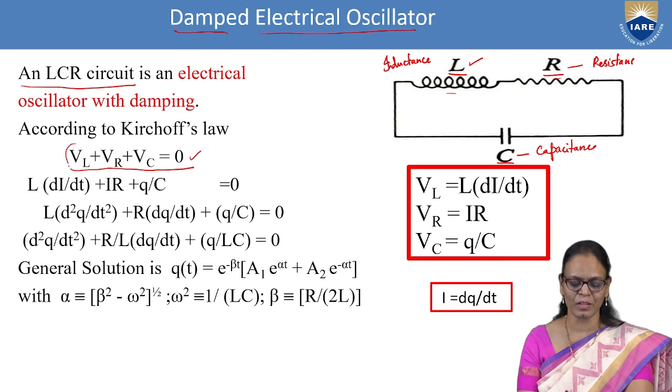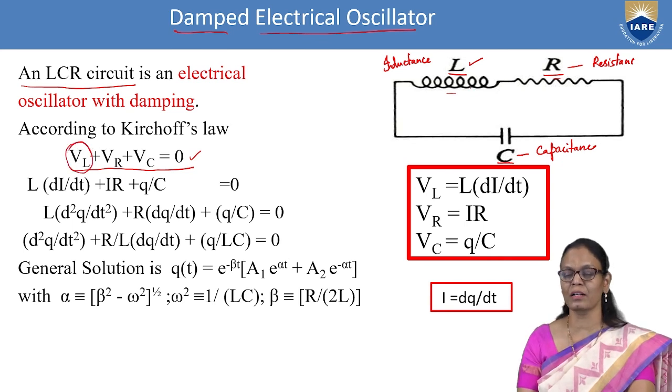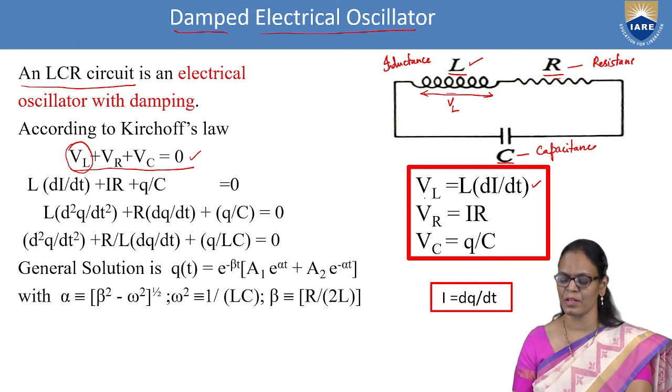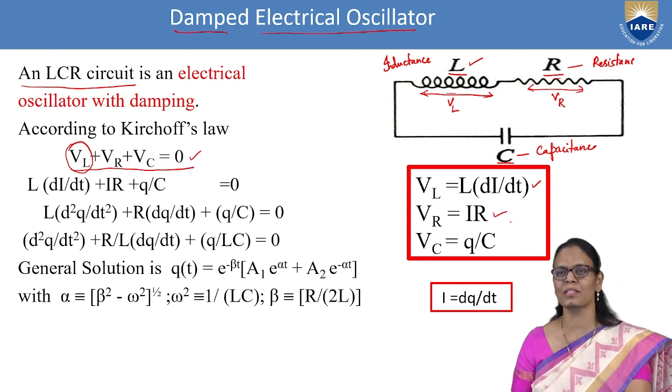What is VL? The voltage that occurs across the inductor. How do we measure VL? VL is equal to L into di by dt, the rate at which the current flows through the inductance. The voltage across the resistance is VR, that is IR, which we know from Ohm's law.